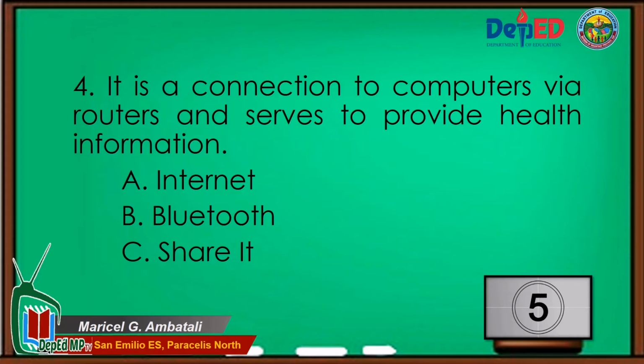Number 4. It is a connection to computers via routers and serves to provide health information. Letter A, internet. Letter B, Bluetooth. Letter C, share it. The correct answer is letter A, internet.